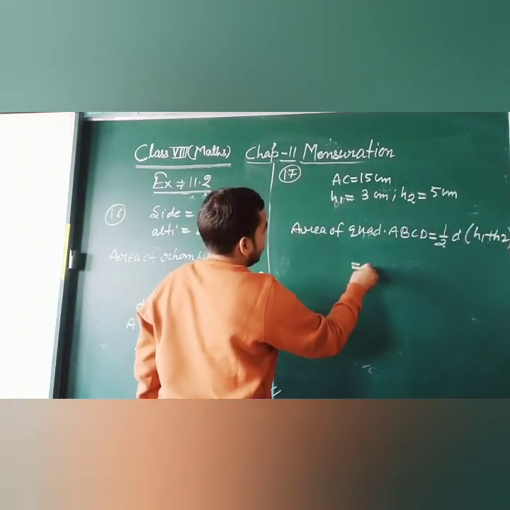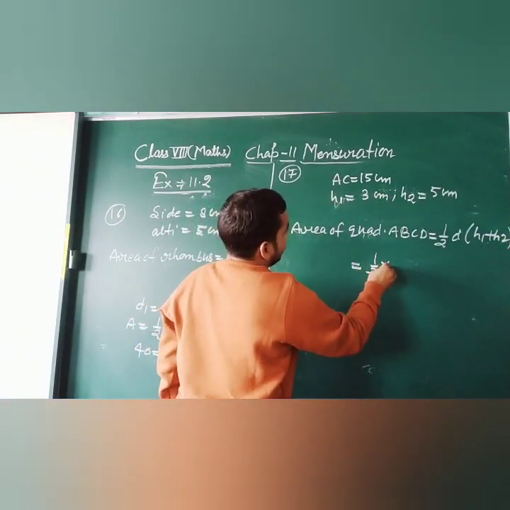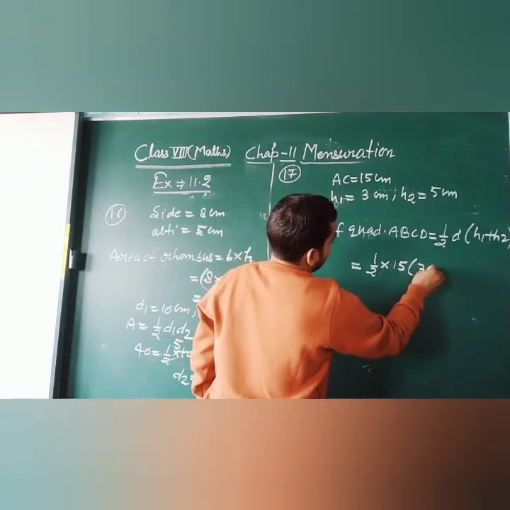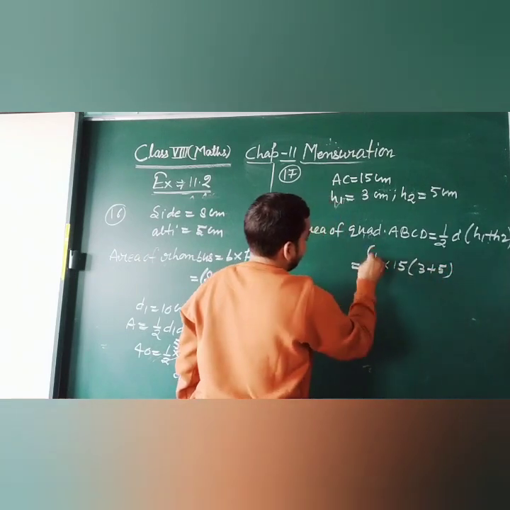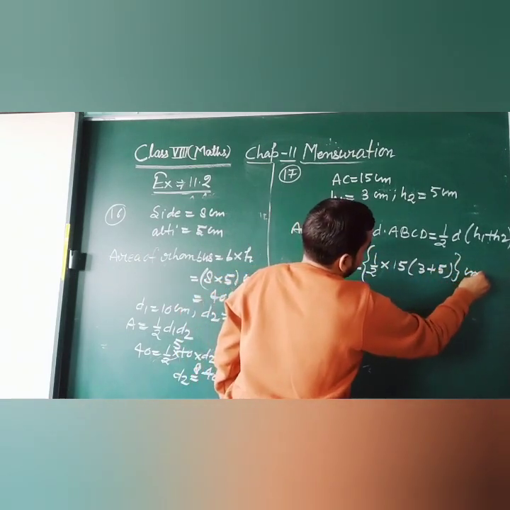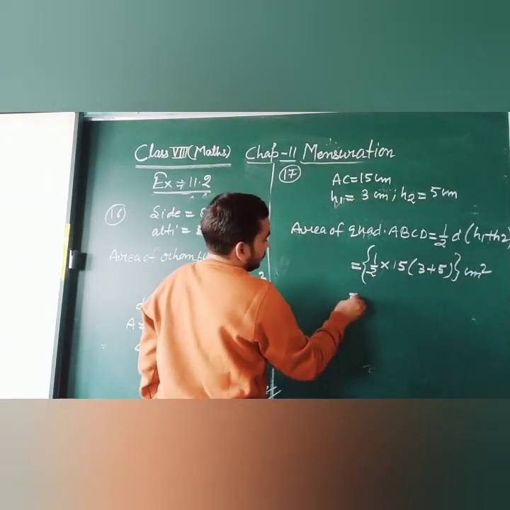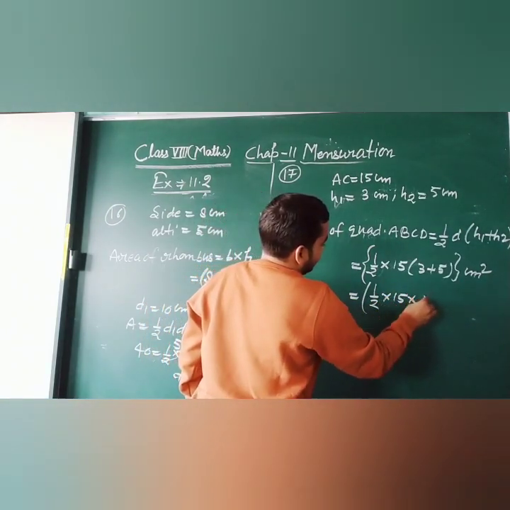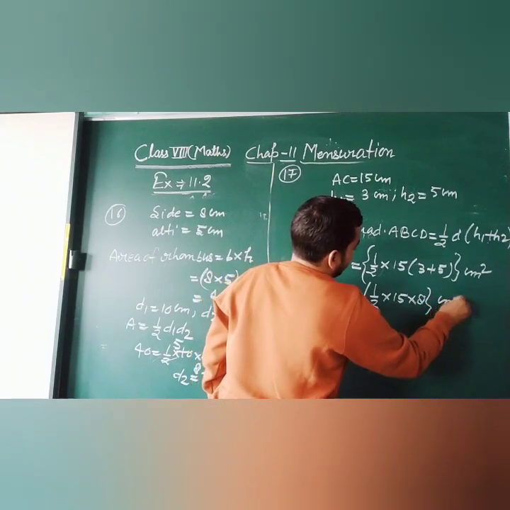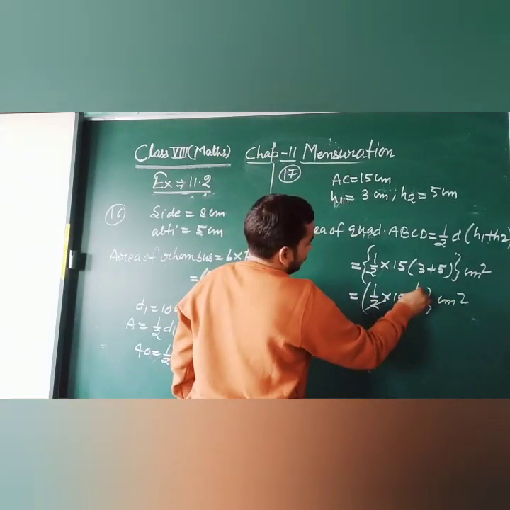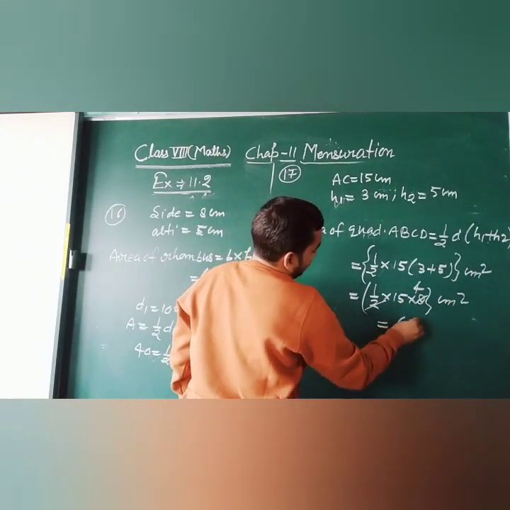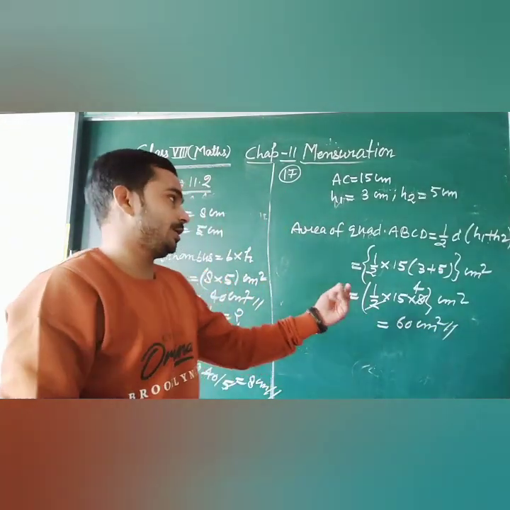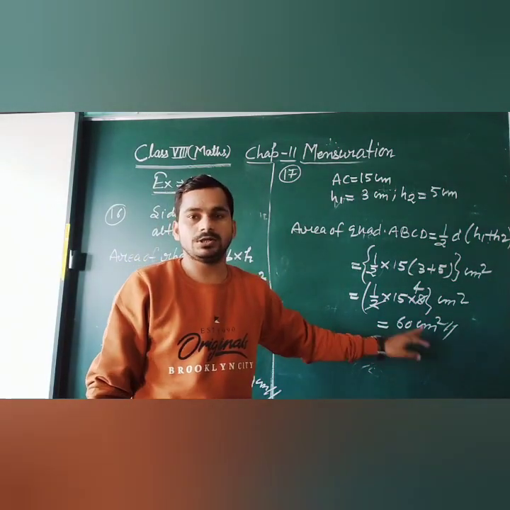Put in the values: 1 by 2, diagonal AC is 15, H1 is 3, H2 is 5, 3 plus 5 centimeter square. 3 plus 5 is 8 centimeter square. 2 fours are 8 and 15 fours are 60 centimeter square. So the area of this quadrilateral is 60 centimeter square.